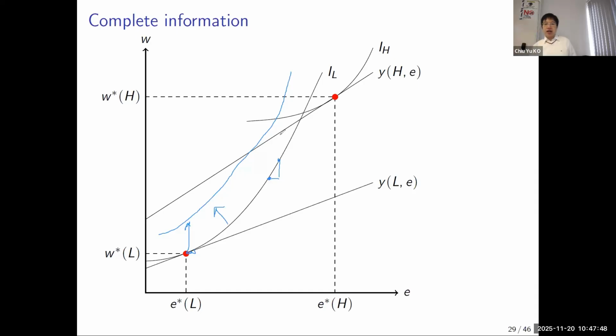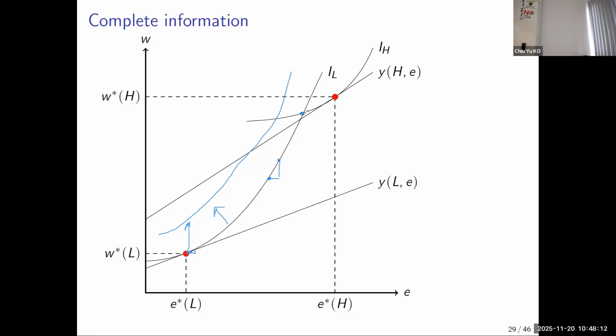But the problem is why you have this one here. Actually, this is the idea of single crossing, right? Because the slope represents the MRS, it is flatter when you have high ability. Single crossing means that they only cross once.